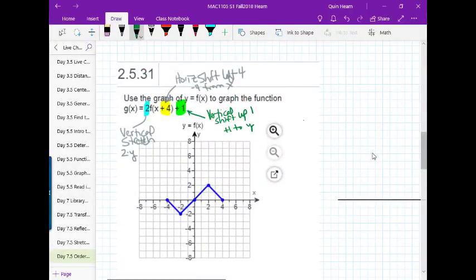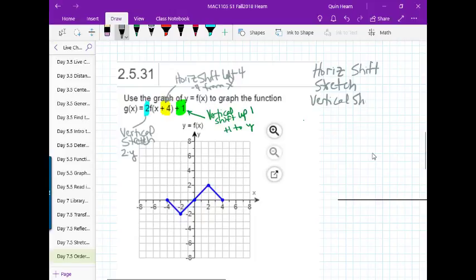So we're going to do horizontal shift, then the stretch, and then the vertical shift. First, second, third.